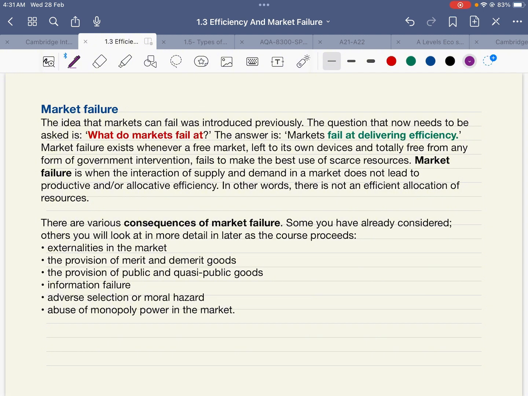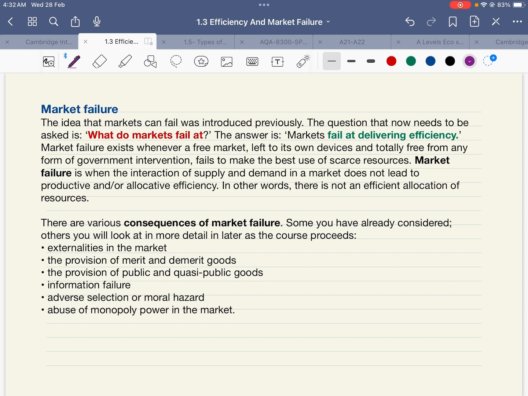It means that markets, when left to operate on their own without any government intervention, would lead to some sort of externality, and they would lead to some sort of misallocation of resources, which moves the output away from optimality, and some resources are wasted. Theoretically and hypothetically, we can show that firms are attempting to achieve dynamic, allocative, and productive efficiencies, but in real life scenario, that does not happen.